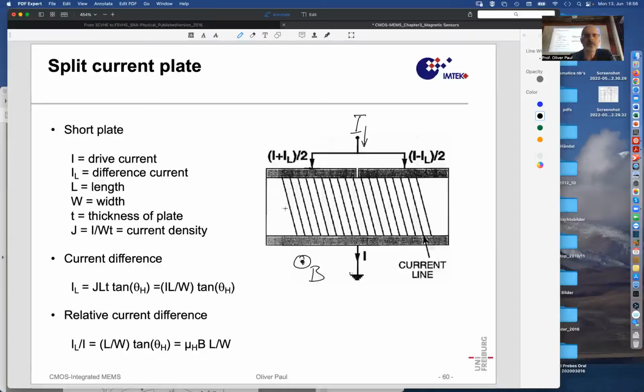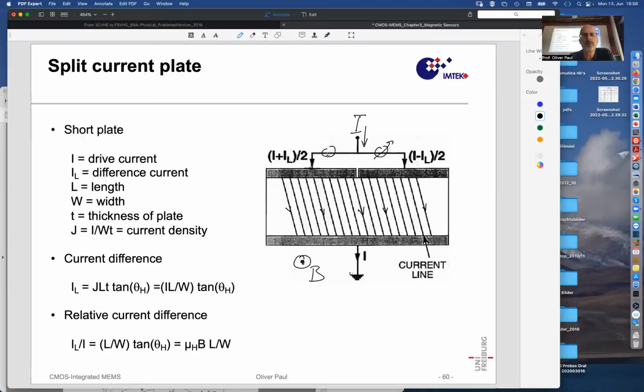So for instance, oblique in this direction, and that means that more current likely flows through this contact into the device than through that contact.